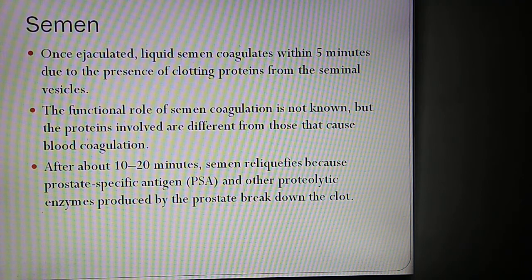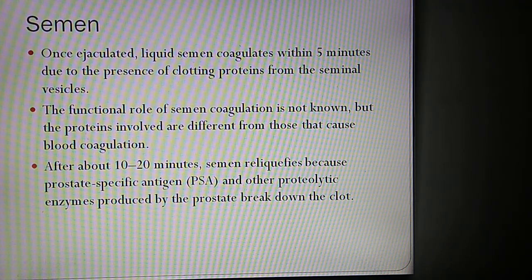Once ejaculated, liquid semen coagulates within 5 minutes due to the presence of clotting proteins from the seminal vesicles. The functional role of semen coagulation is not known, but the proteins involved are different from those that cause blood coagulation.